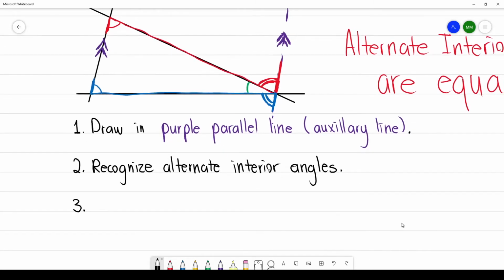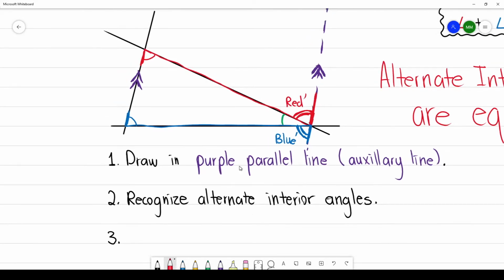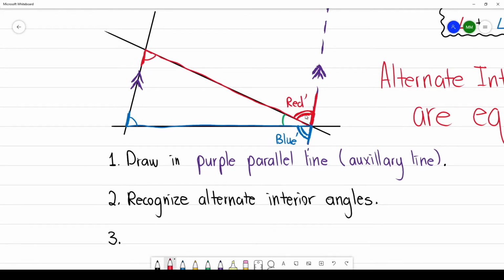So I will call this blue with an apostrophe up top, and I will call this red with an apostrophe up top. But you gotta recognize that this is equal to this, okay? And this is equal to this.